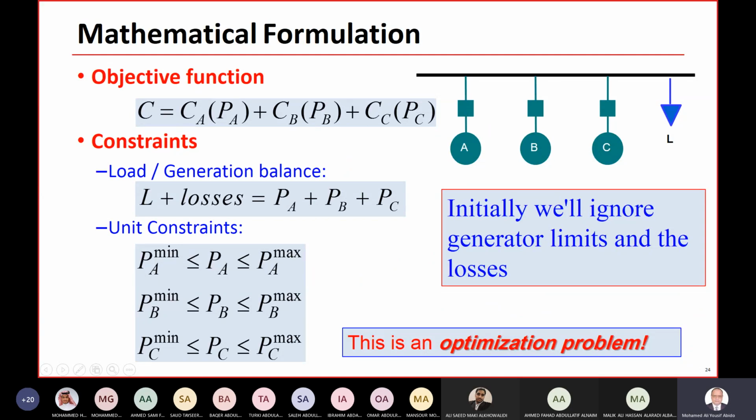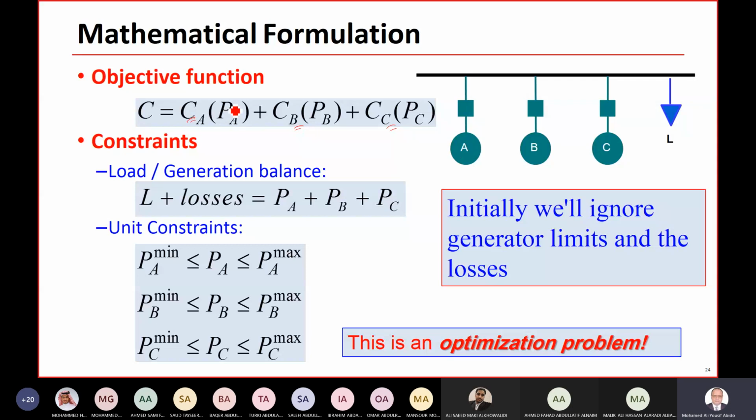We can spell it out here. The objective function equals the total cost, which is the cost of generator A, cost of generator B, cost of generator C, and each cost is a function of the power output.